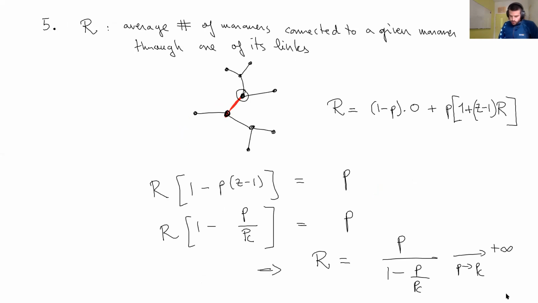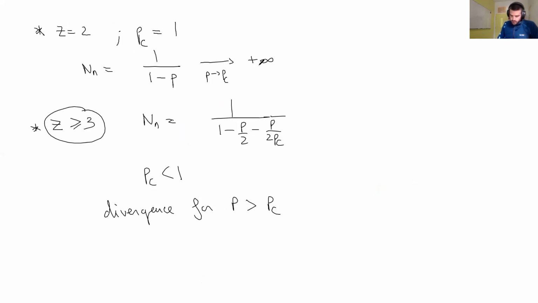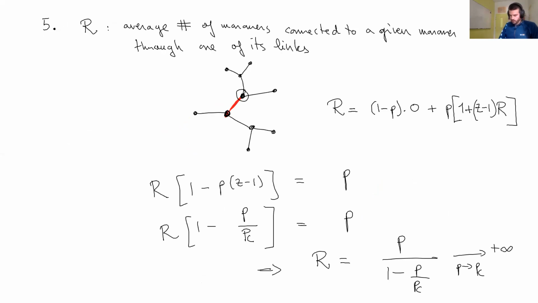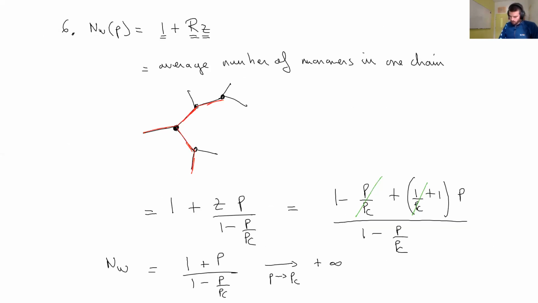In contrast, for the number average, if you remember here, it was infinite in the Z equal 2 case, which is very specific, but in general, it was finite, since the divergence was occurring beyond the critical point. Okay, so the polydispersity should diverge then. So we can define it.